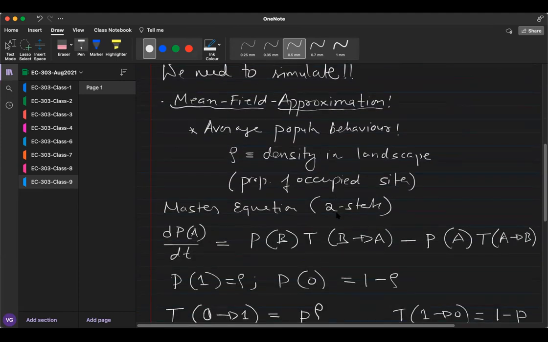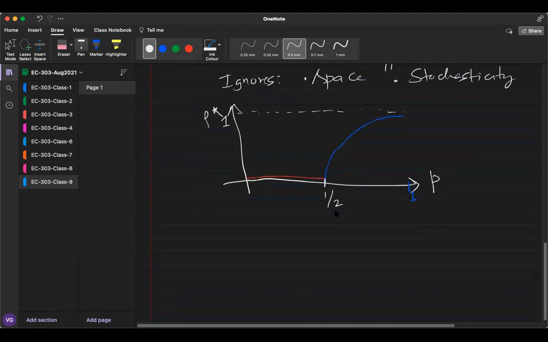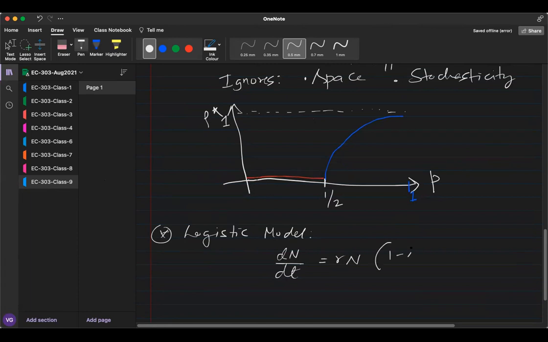Okay, so this is where we are now. Here is one interesting remark I want to make. Let's go back to the logistic model. What was the logistic model? In continuous time, it was dn/dt = Rn times (1 - n/K), right?